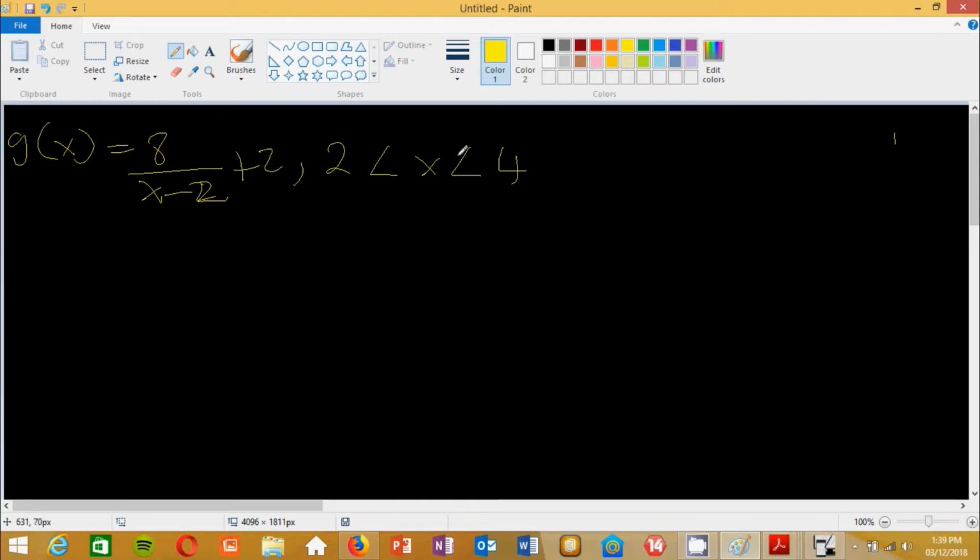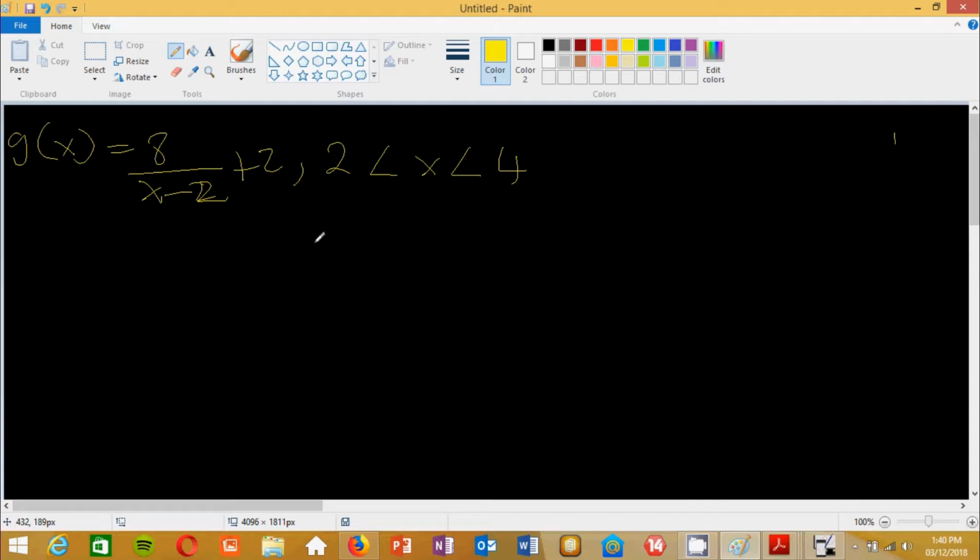So let's look at this. Our domain is x is greater than 2 and x is less than 4. So x is never going to be 2, but x can approach 2. Because x should always be greater than 2, it can never be 2. However, x can be super close to 2.